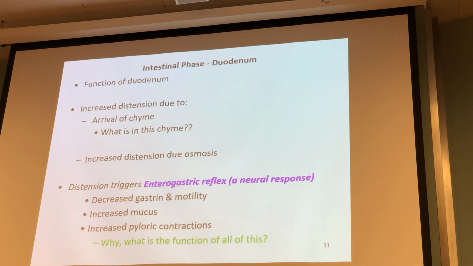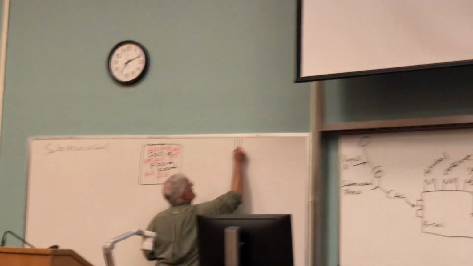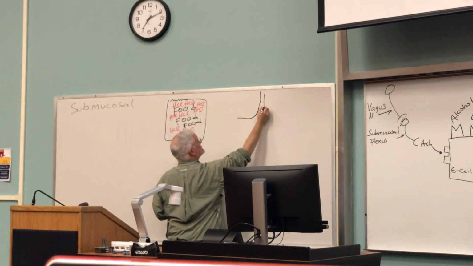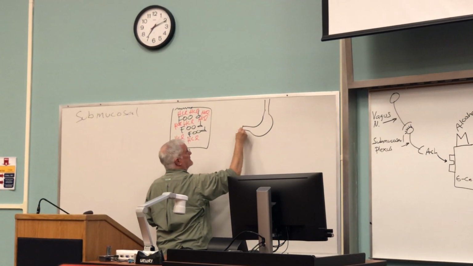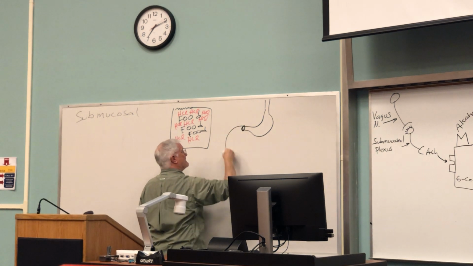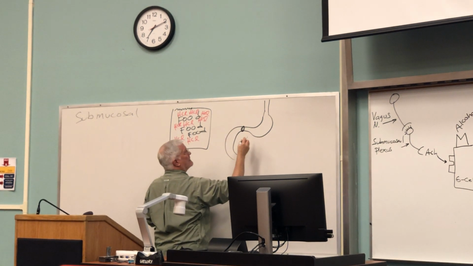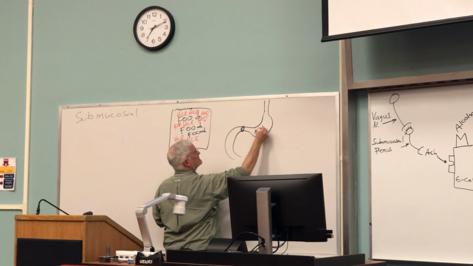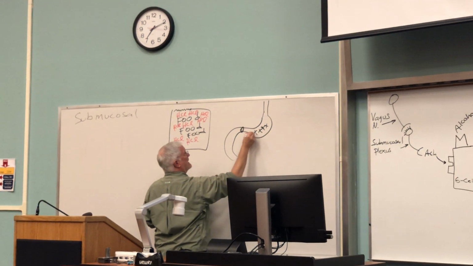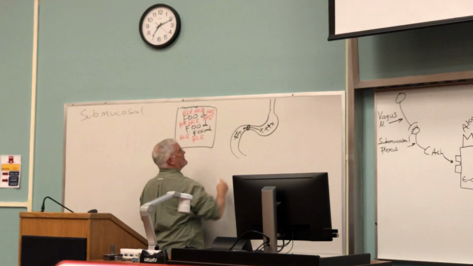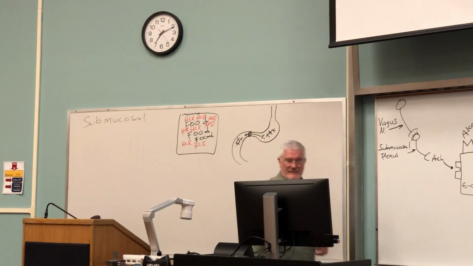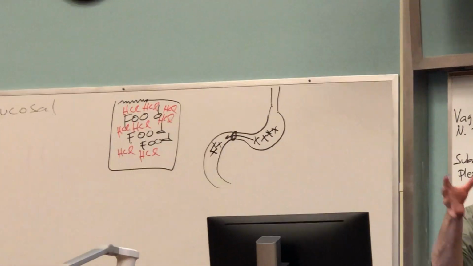Think about this little idea right here of the analogy of our stomach. This would be your esophagus, and those of you that have had lab, there's your lesser curvature, this is your greater curvature, an over-exaggerated pylorus, the nice little sphincter, and then this could be my duodenum. So the food that's in here is going to lead through the sphincter and get into my duodenum. Well, your duodenum is a tube, but it's a closed, squished tube.